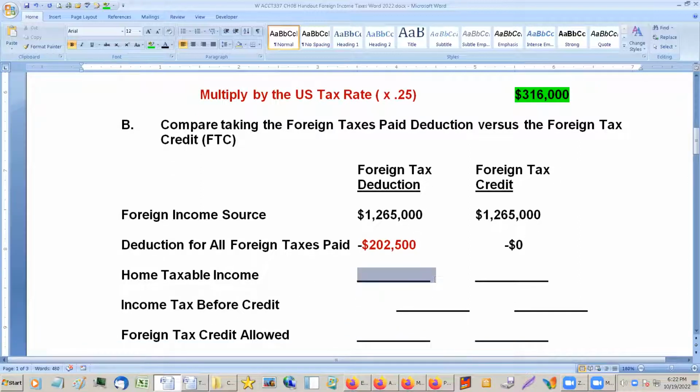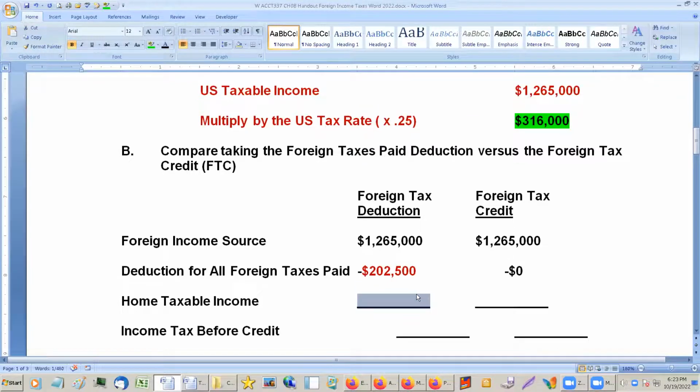So the home country taxable income will be 1,062,500.